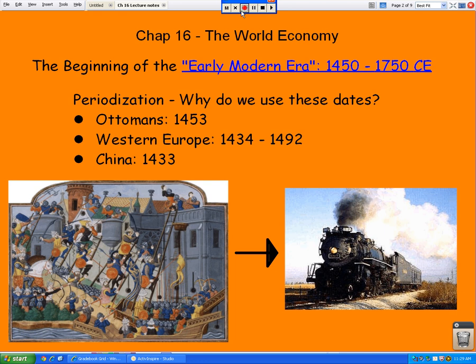Machines that are automated and that do work faster, quicker, more efficiently, and more accurately than man does. So, for example, the locomotive, the steam engine, which comes to symbolize the Industrial Revolution.